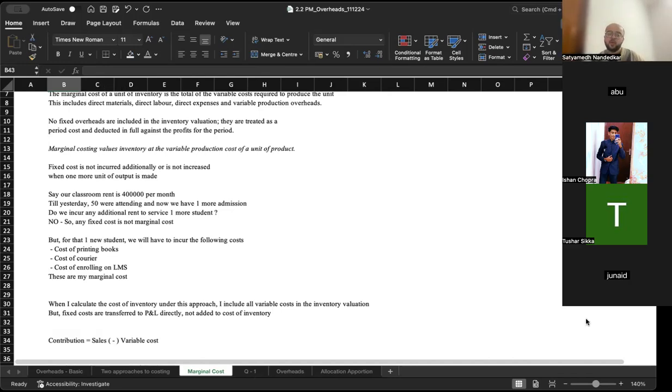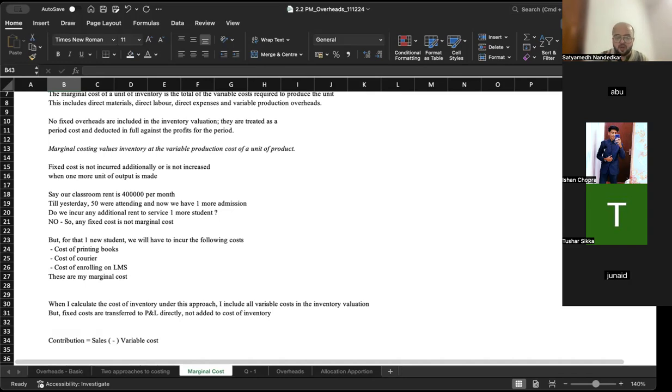But when I get one new student, I will have to incur the cost of printing the book. I will have to incur the cost of courier. I will have to probably incur the cost of enrolling him on the LMS. And these are my marginal cost. So marginal cost is the total of all the variable cost.